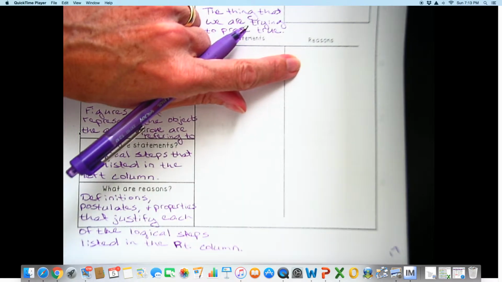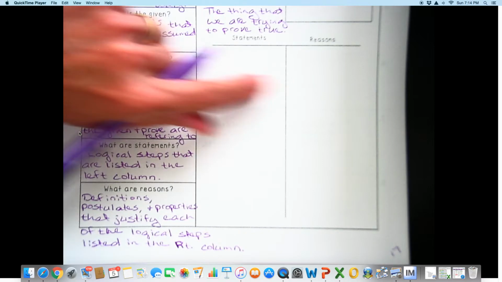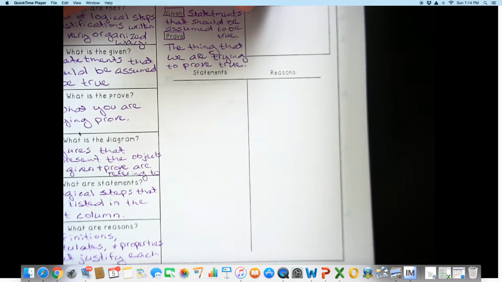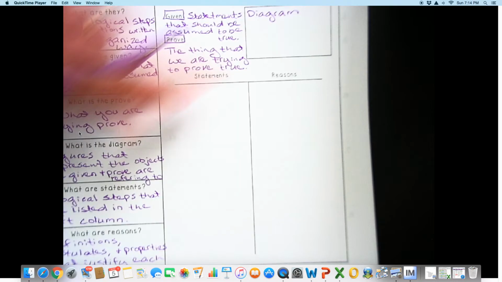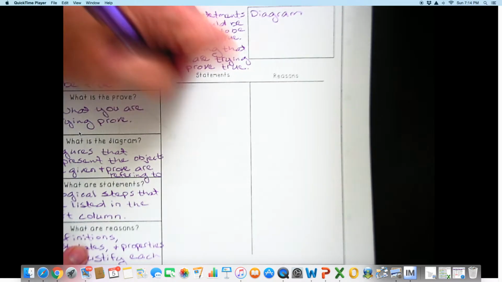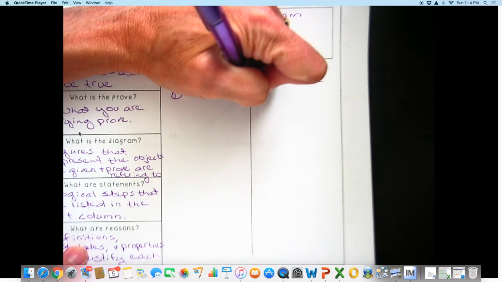Okay, so that's basically how it goes. Up here would be your diagram. And then over here, we usually start out with whatever we're given. The first thing we would put is whatever we're given, and then the reason would always be because it's given.